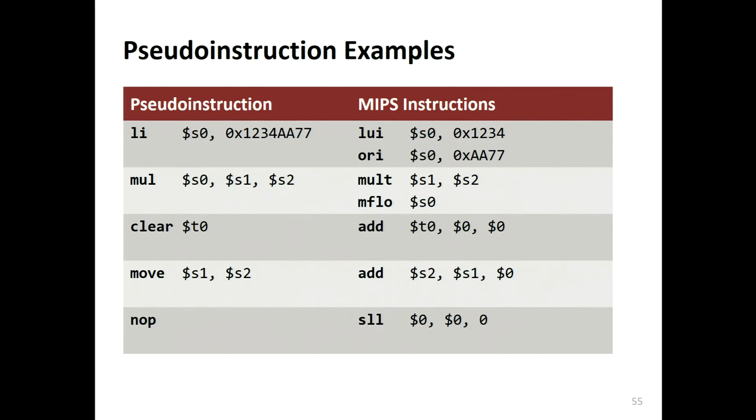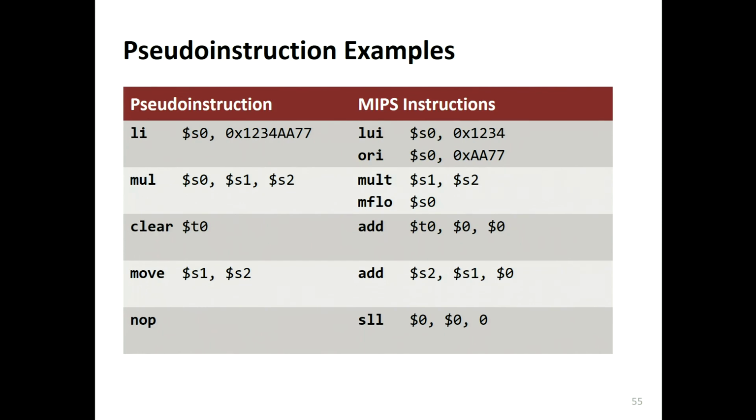For example, as mentioned before, original MIPS instructions only allow you to load 16 bits maximally into a particular register. But if you want to load the entire thing, you can use LI. This macro would be processed by your assembler, and it would convert it into these two instructions. The same goes for multiplication.